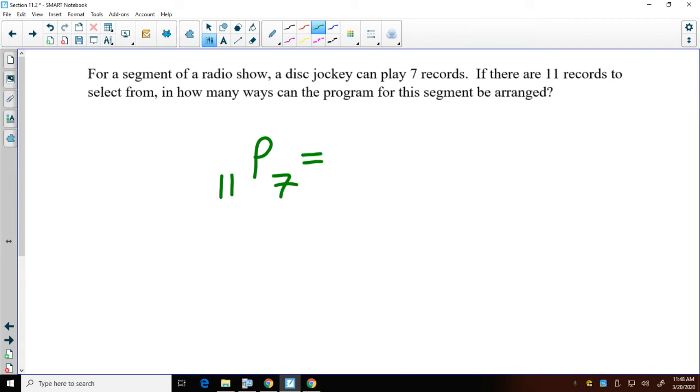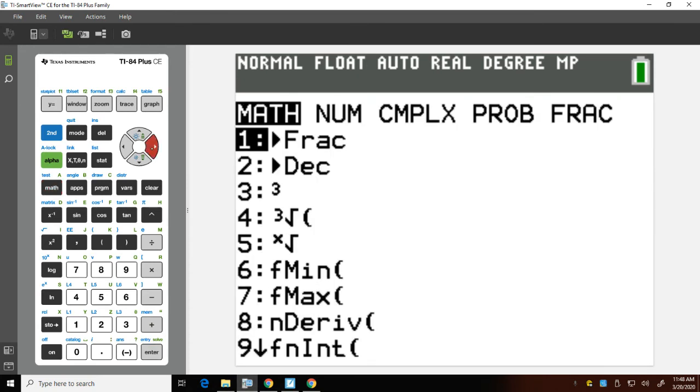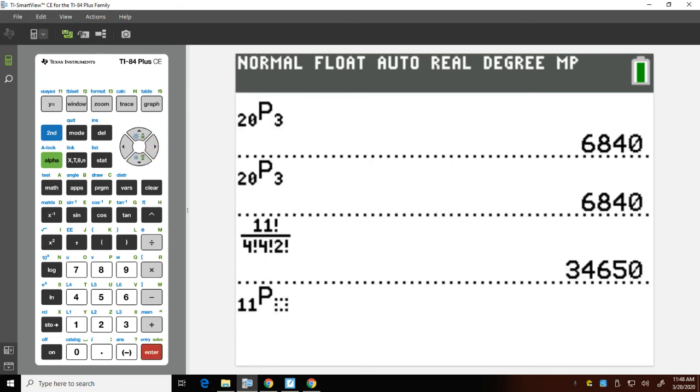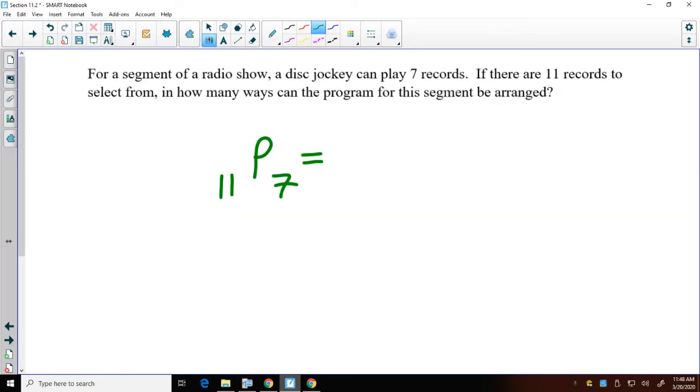And now I just go to my calculator and let it do the dirty work. So I've got 11, math, scroll over, nPr, 7, enter. And that's how many different shows this disc jockey can have. 1,663,200 different shows. 1,663,200.